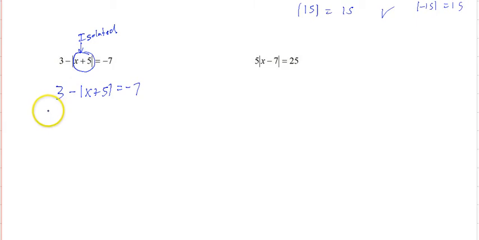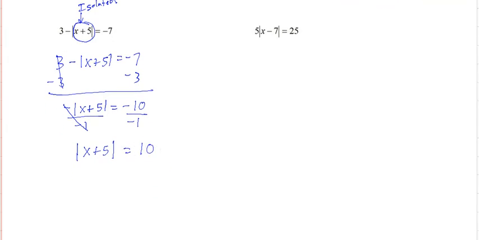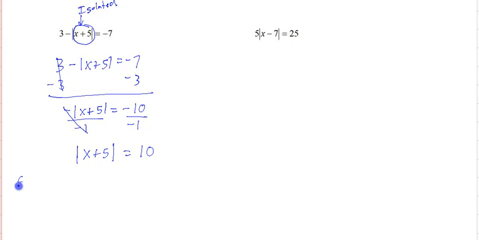So we need to subtract the 3. Divide by the -1 to get rid of it. And then there's our straight absolute value. And that's what we're always going for.